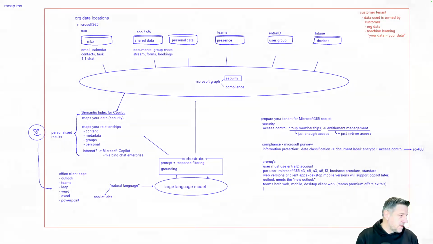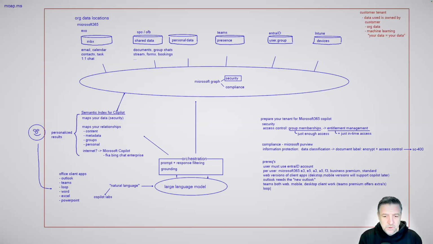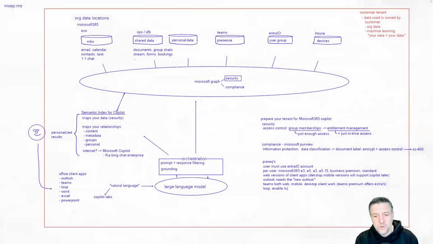So Teams Premium comes with some extra special options. When it comes to Loop, the only thing is that you will have to enable Loop in your tenant. In the tenant, if you have users with a Microsoft Copilot license, they will then be able to make use of it.